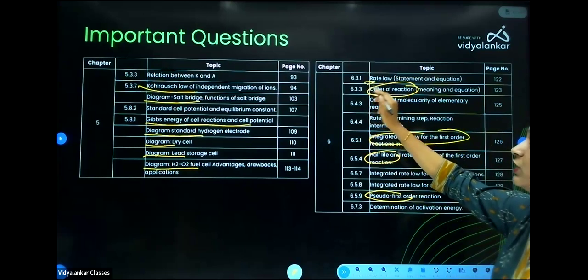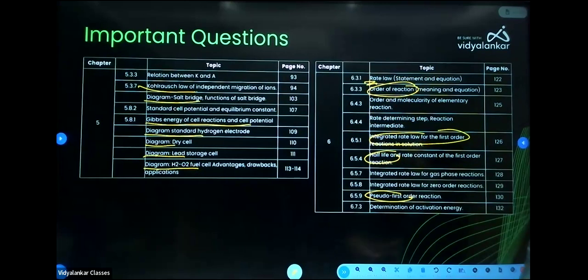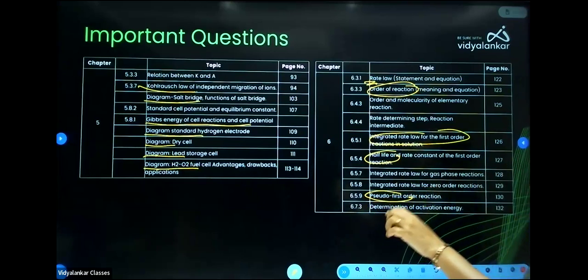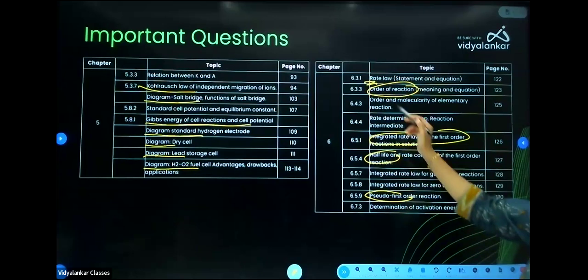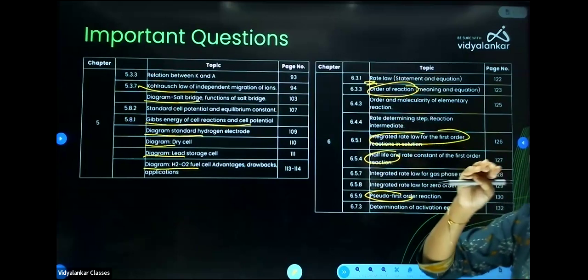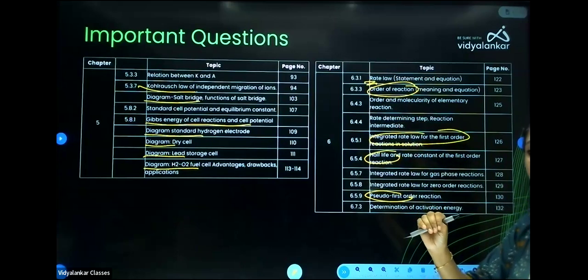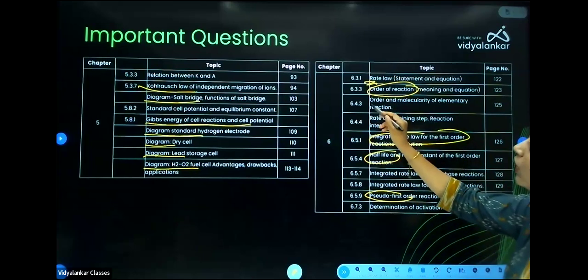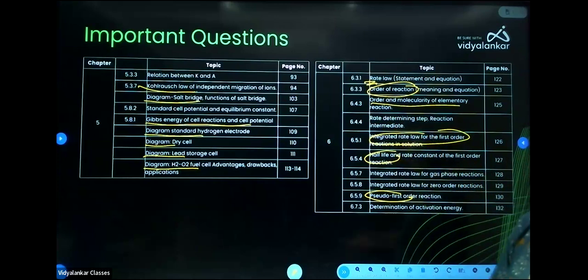The rate law definition is quite easy. With that, you may be asked to write a rate law for a given specific reaction, which can be asked for 1 mark. Then the order of reaction definition is very important. You may be asked to find the order or molecularity for a given reaction.